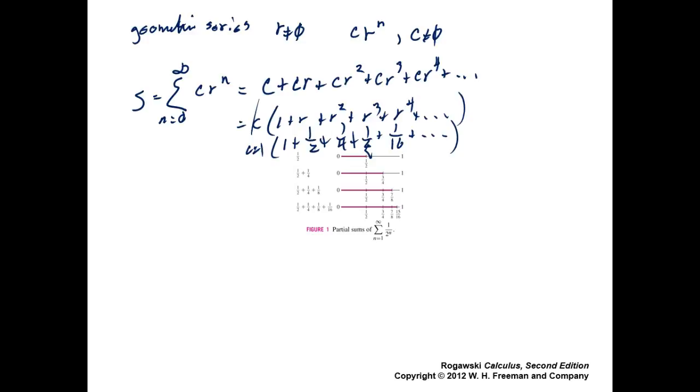By the way, that 1/2 plus 1/4 is 3/4. And then when you add 1/8 to that, this would be 6/8 plus 1/8 would be 7/8. Add 1/16 to that, this would be 14/16 plus 1/16 would be 15/16.